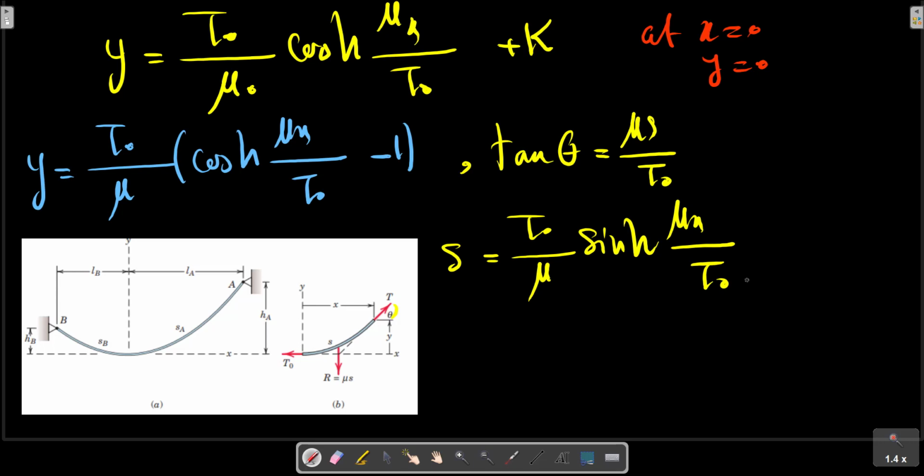We obtain the tension T in the cable from the equilibrium triangle of the force.